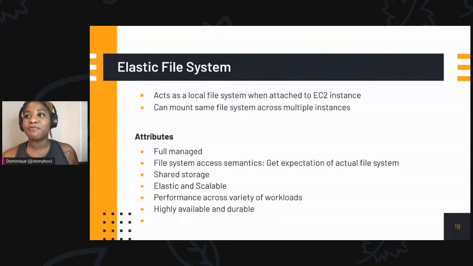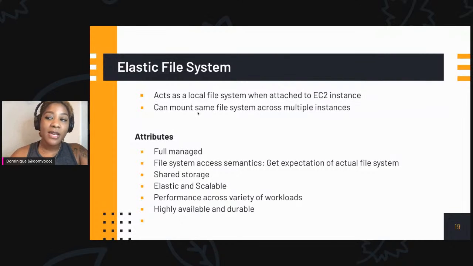Elastic File System acts as a local file system when attached to an instance. You can mount the same file system across multiple instances. That's also key to know as I'm going through the services: understanding which services can be attached to multiple instances versus one-to-one.